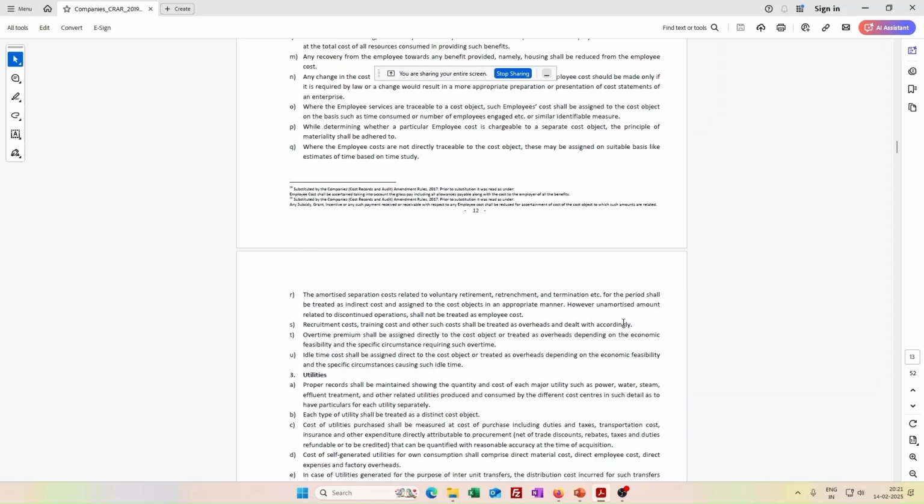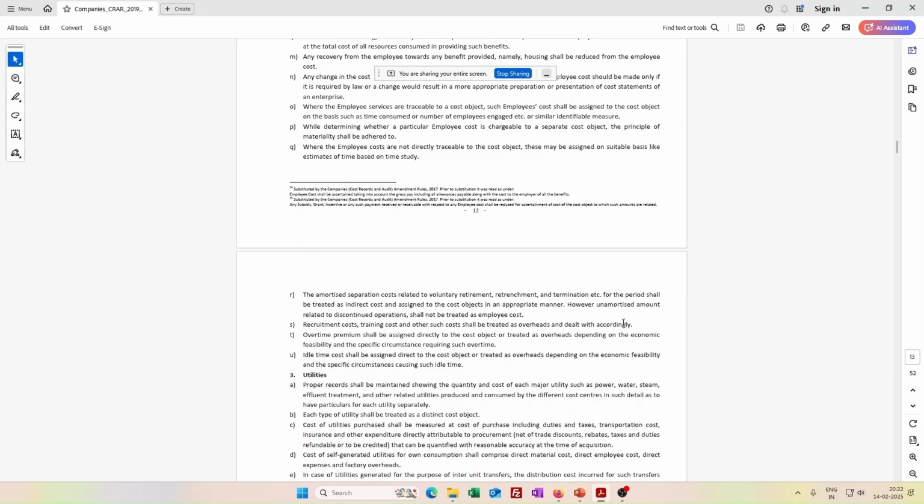Water, if water is required for a particular manufacturing process, water is a utility. Diesel also in some industry is a utility. Whether an item comes under utility or raw materials or direct expenses depends upon the nature of expenditure used in that industry. That varies from industry to industry.